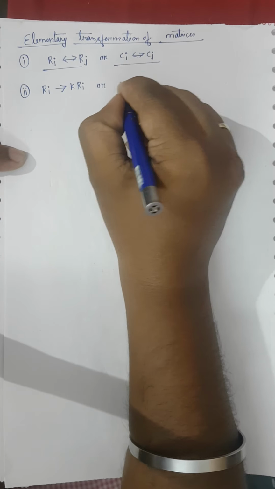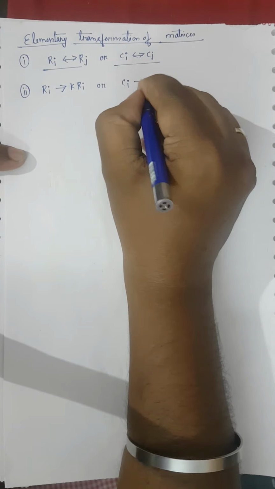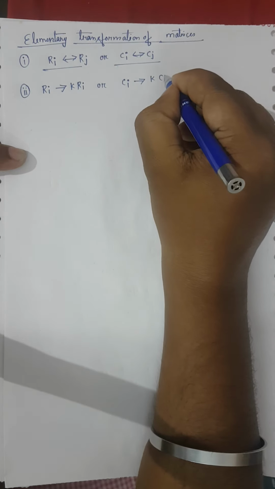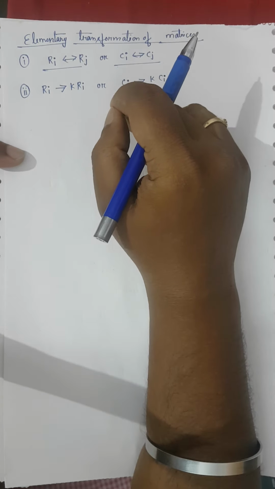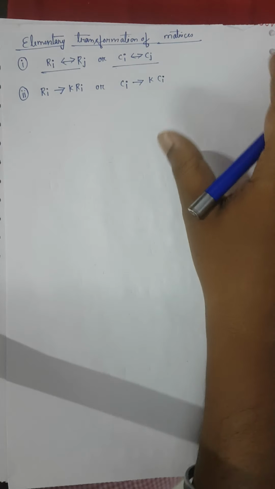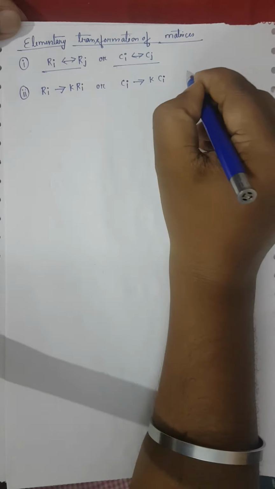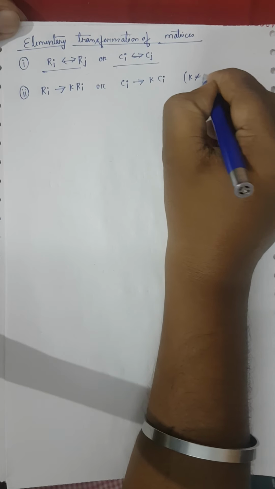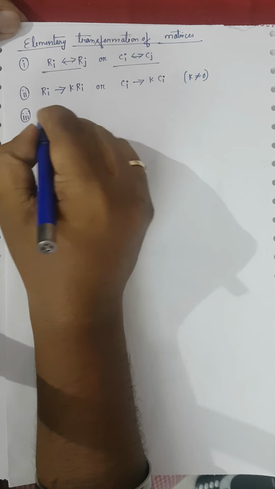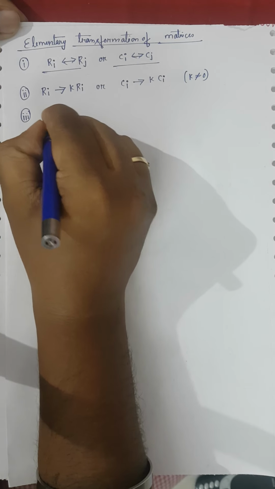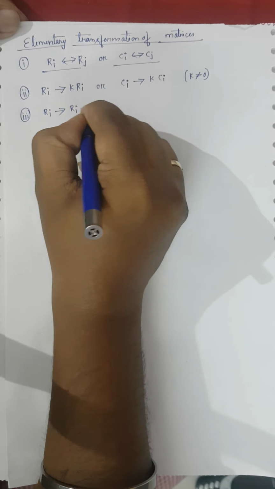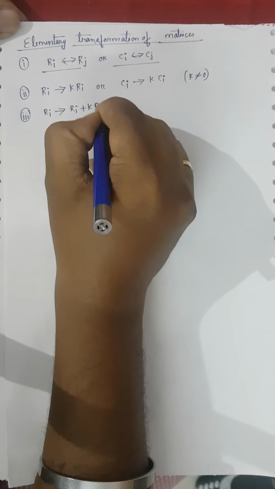Or you can write column i changed to k into column i, that is, the elements of the ith column are multiplied by the constant k, where k should be non-zero, that is, you can write k not equal to 0.